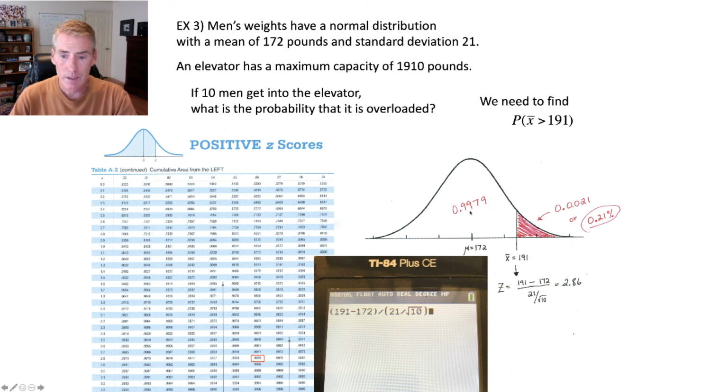Oh, I guess that's how I got this. 0.9979 is this side. And then when you do 1 minus that, that will be 0.0021, or there's only a 0.21% chance that the elevator is overloaded. So I feel like I could get on that elevator. Of course, I don't want to be the 11th guy because that's pushing it, but looks like we'll be all right.